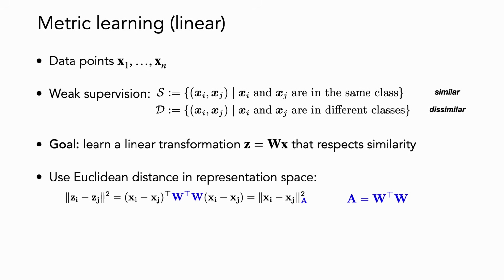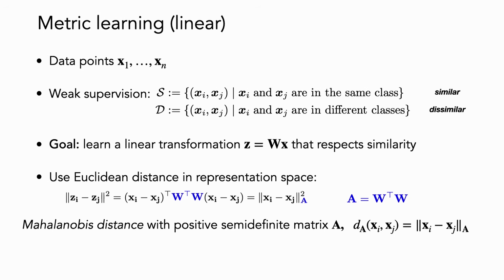And so this distance here is explicitly defined as the Mahalanobis distance. The Mahalanobis distance between two points is defined by a positive semi-definite matrix A, and it's defined explicitly as that, right?